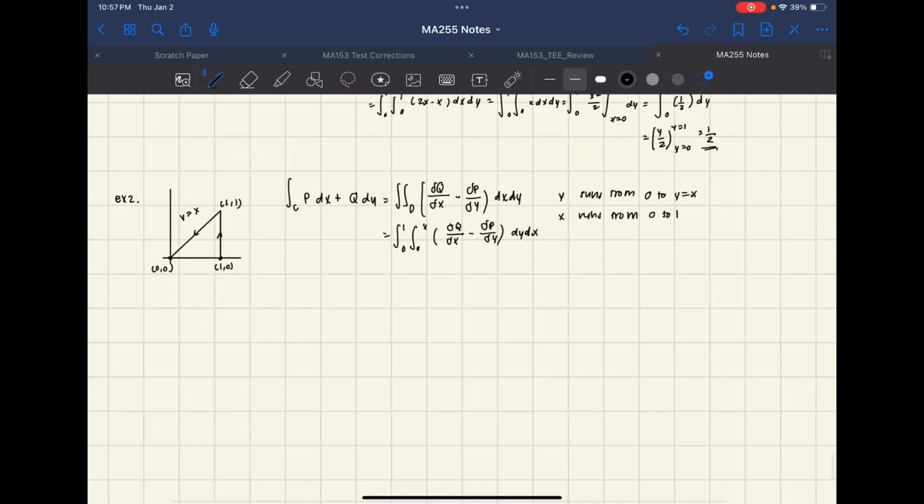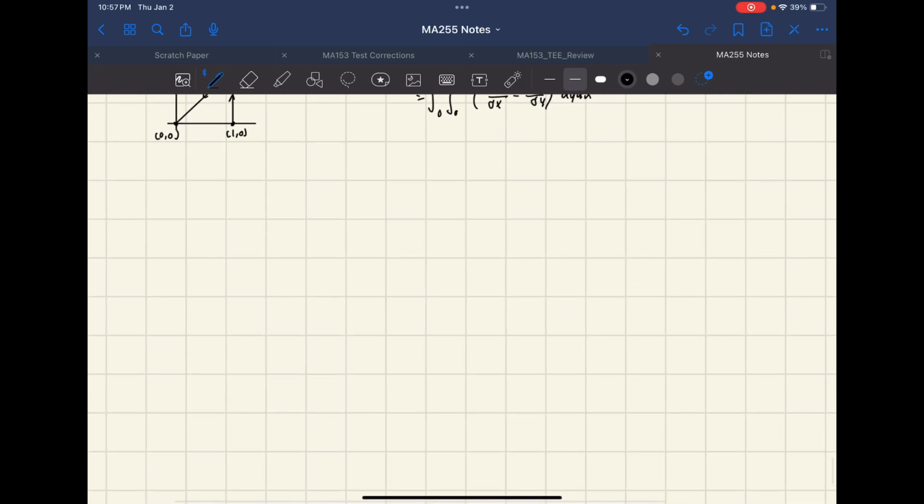Let's do one more example for Green's theorem. For this one, we're given this graph, y equals x squared.